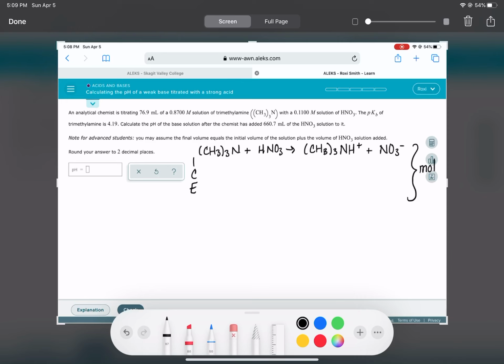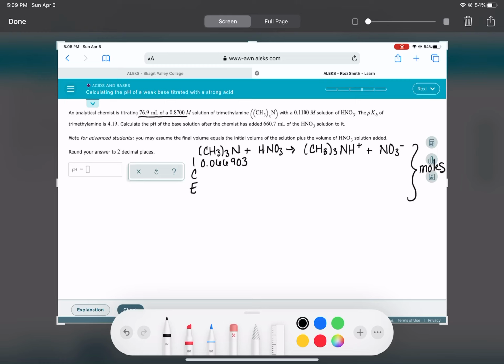And we're going to make an ICE table, and we have to do this ICE table in moles. So we need to start by calculating the initial moles of both of our reactants. We have 76.9 milliliters of the 0.87 molar base, 0.87 times 0.0769. That means we have 0.066903 moles of that guy.